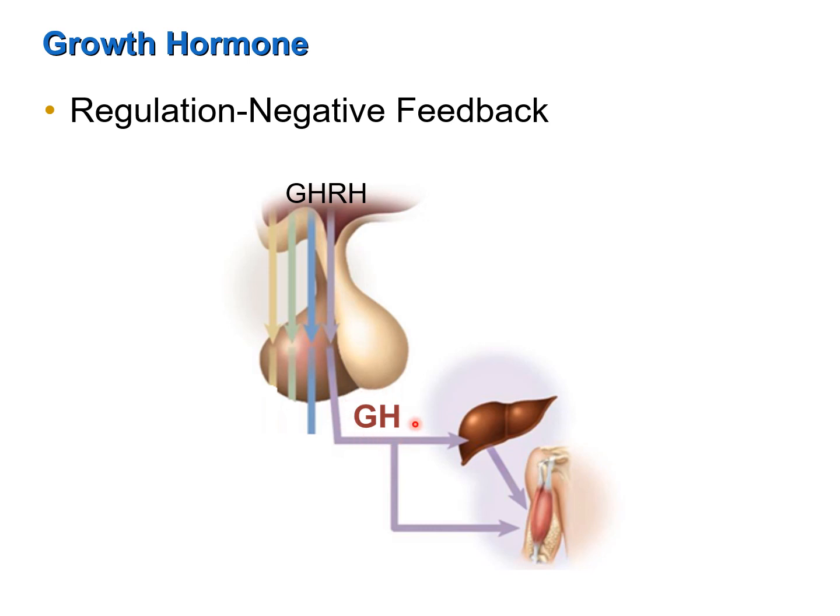As growth hormone levels rise in the blood, they inhibit further secretion of growth hormone by the anterior pituitary gland. In addition, as growth hormone levels rise in the blood, they also inhibit further release of growth hormone releasing hormone by the hypothalamus. Classic negative feedback.